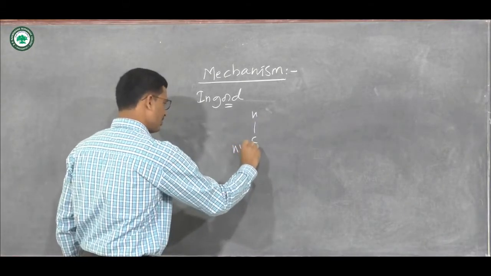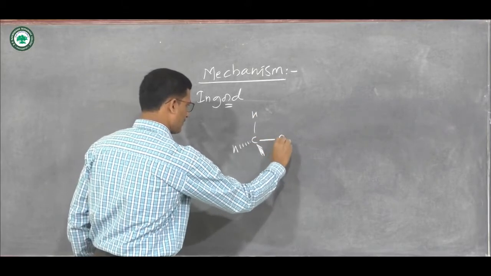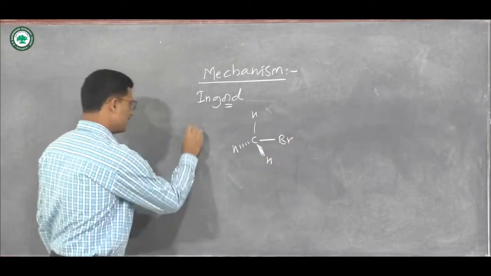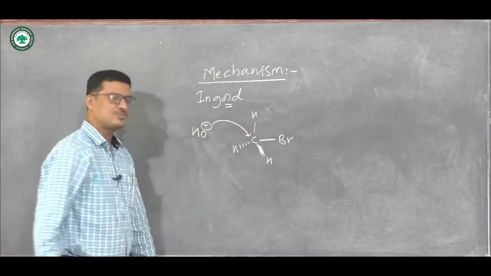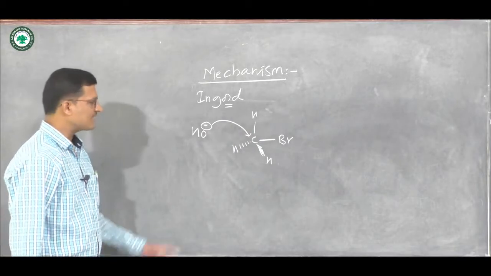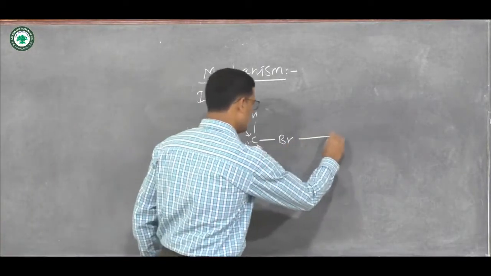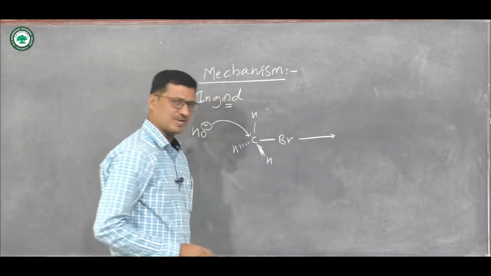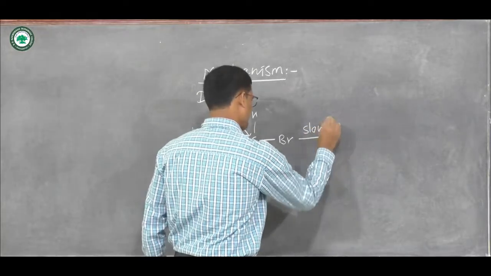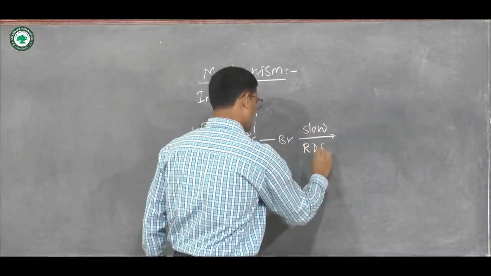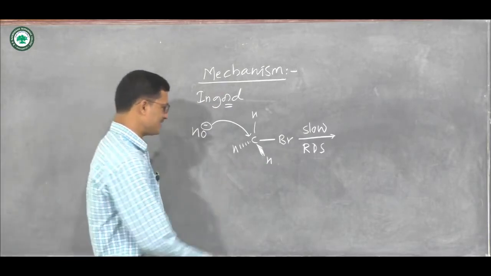We take an example of methyl bromide, and you take a nucleophile OH minus. OH minus attacks from the back side of the C-Br bond. Then there is formation of a transition state, and this step is a slow step, or we call it RDS, rate determining step.